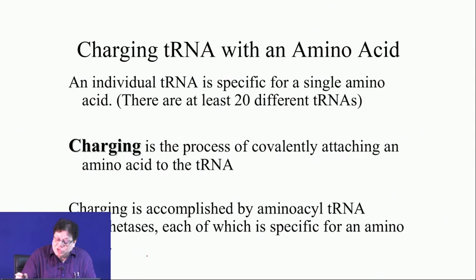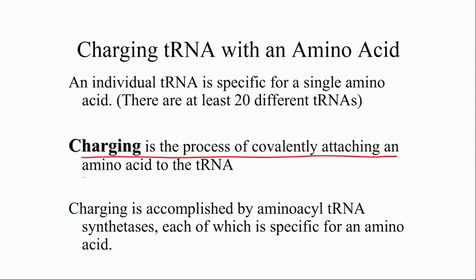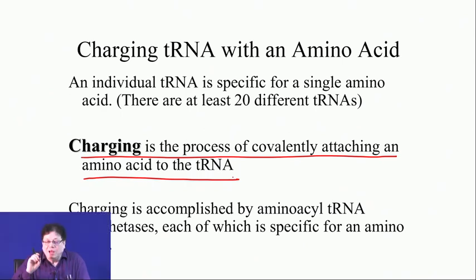So, charging is the process of covalently attaching the amino acid to the tRNA. Each tRNA is covalently attached to an amino acid. Which amino acid will be attached depends on the sequence of the anticodon.